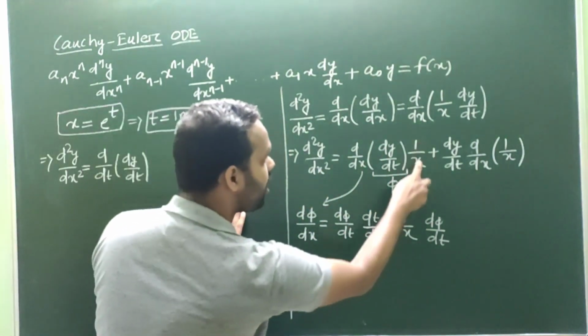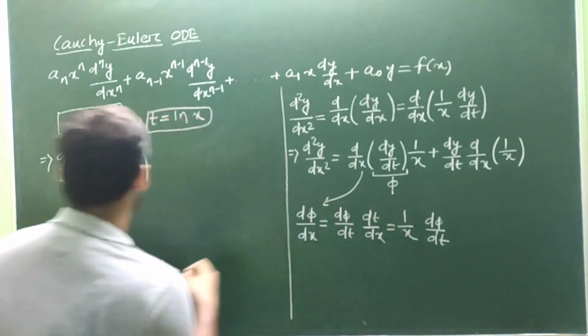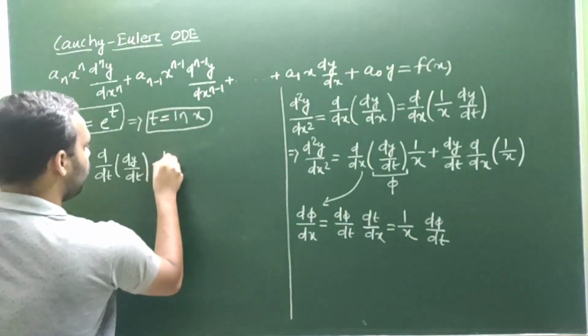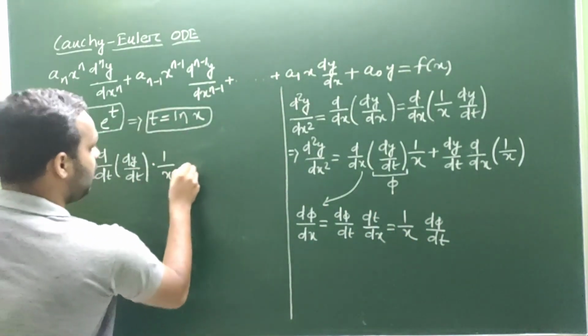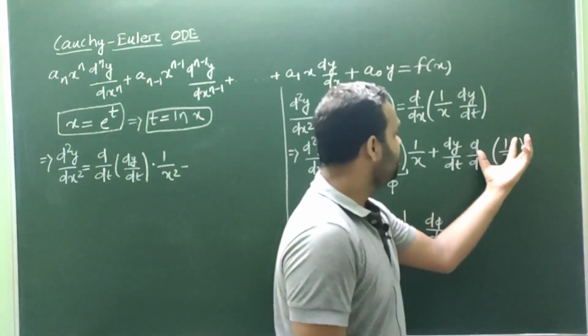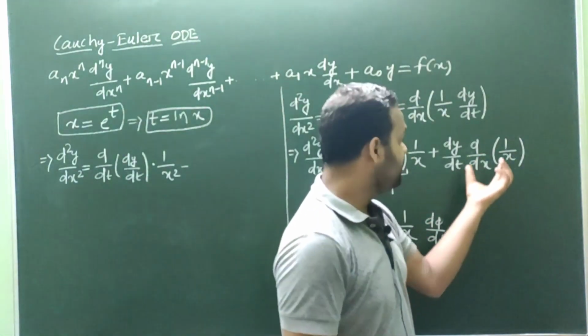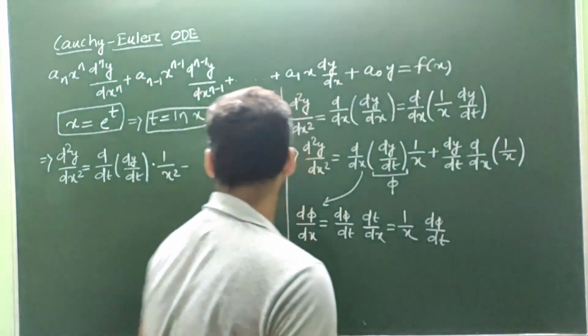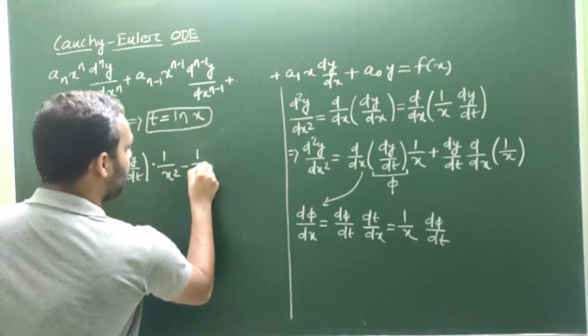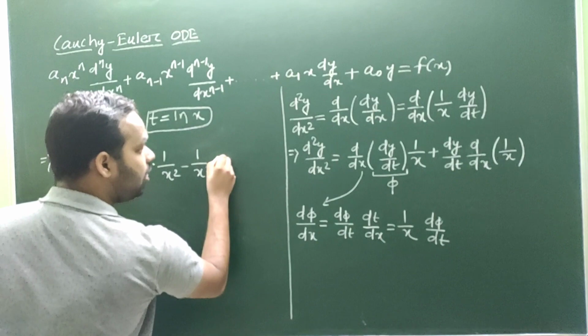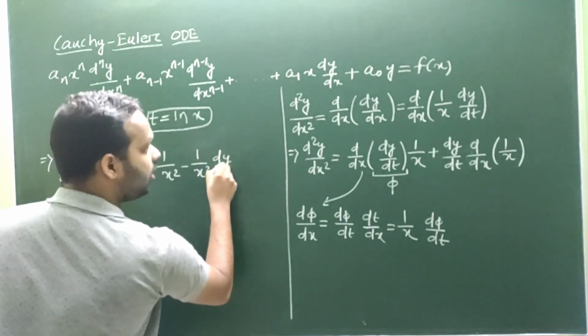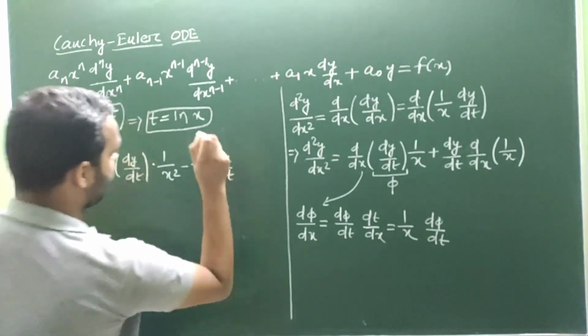With it there is 1 by x and here is another 1 by x. So this will give you 1 by x square. And the second term, if you differentiate 1 by x with respect to x, then this will give you minus 1 by x square. So here 1 by x square dy by dt.